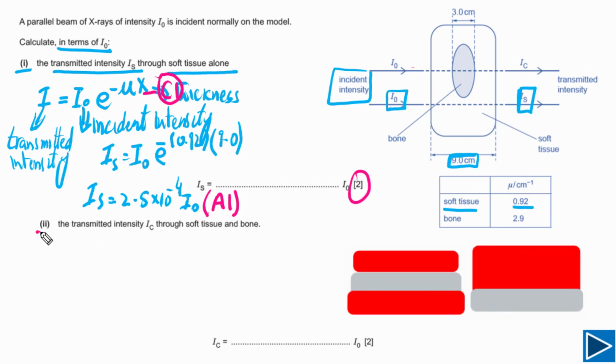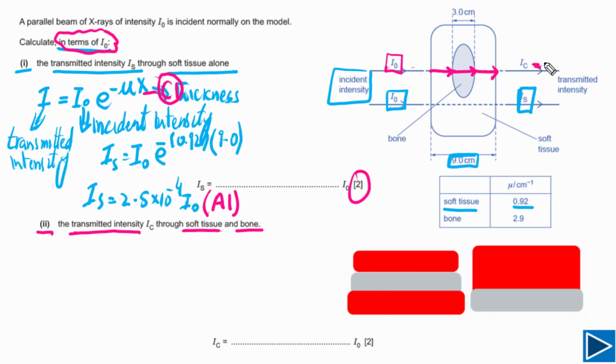For part B2, we need to calculate the transmitted intensity IC through soft tissue and bone, but our answer has to be in terms of I naught. If you look at this figure, we have incident intensity I naught. First it passes through the soft tissue, then through bone, then again through soft tissue.